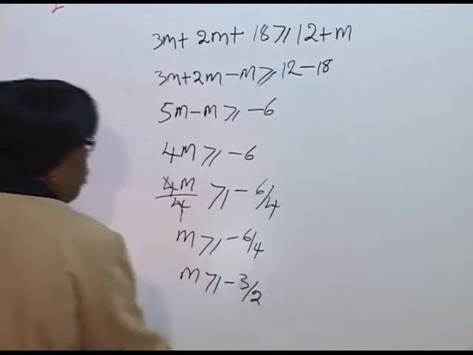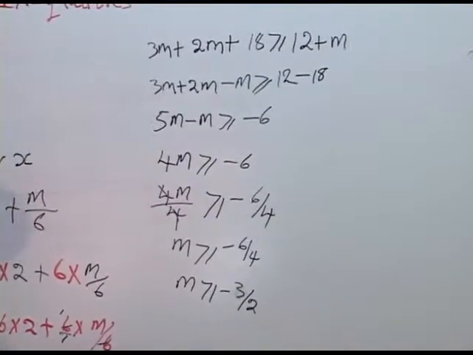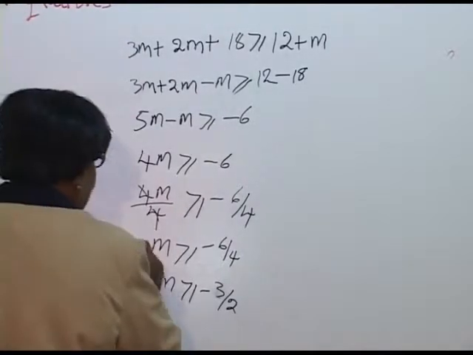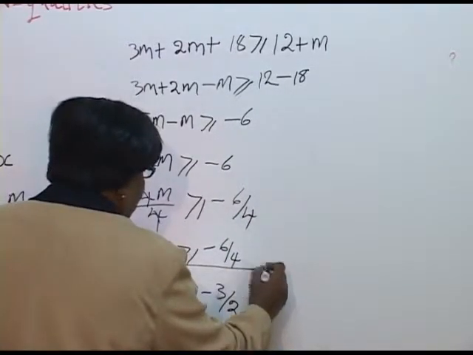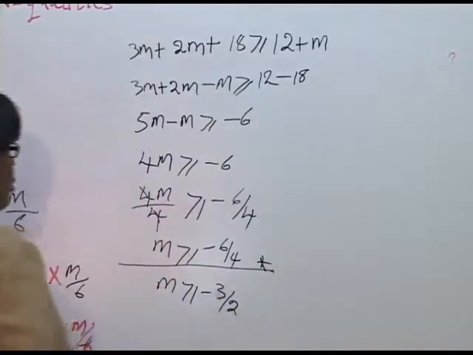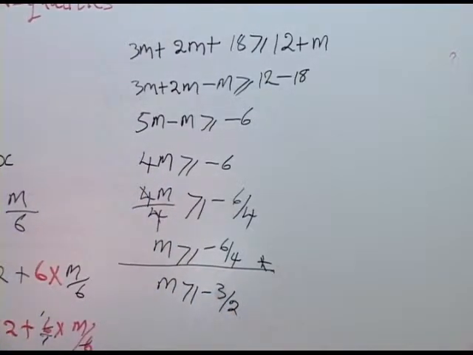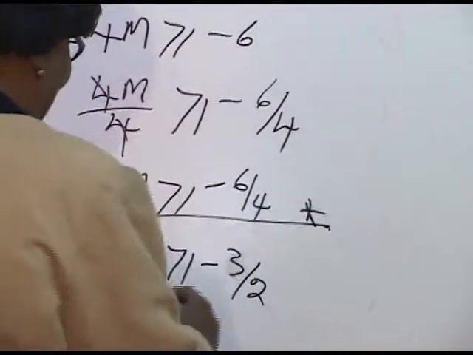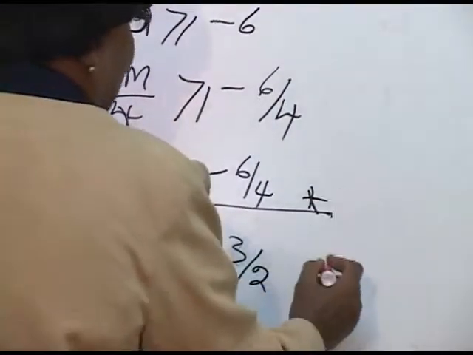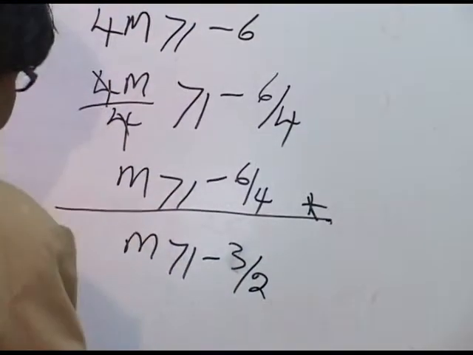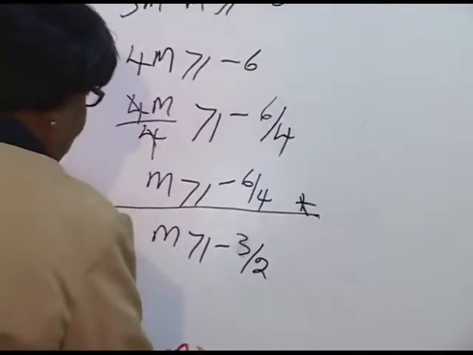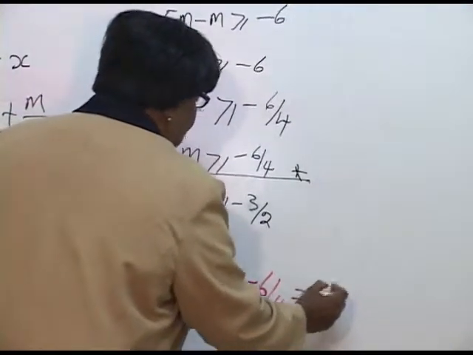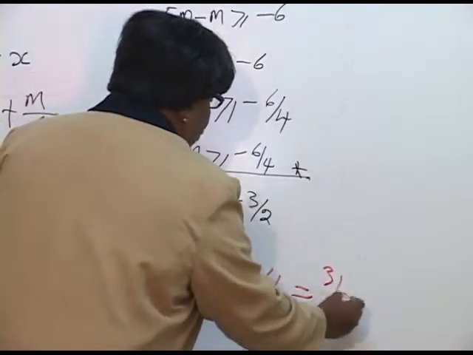Students lose marks because at this juncture, so be careful, students like to say m is greater than or equal to negative 6 upon 4 and then introduce, let me write it out here to show, m is greater than or equal to negative 6 upon 4, and they write equal to 3 upon 2.